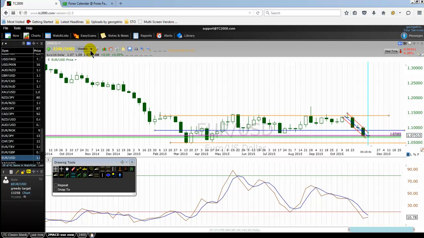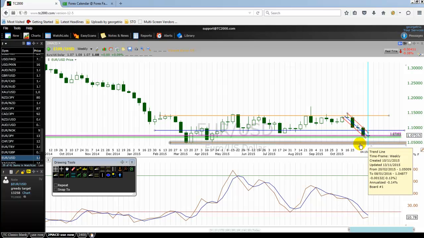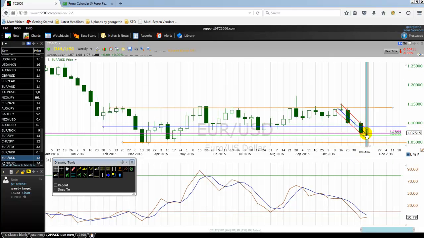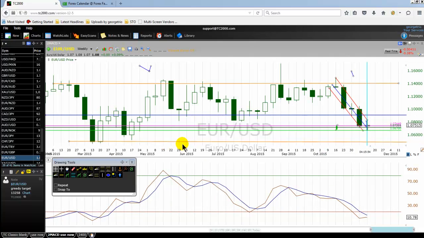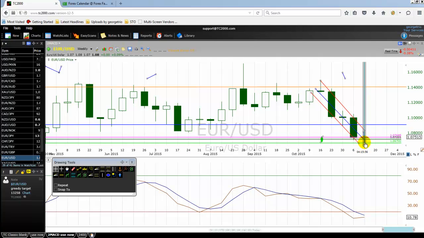Because we're on the weekly chart, we want to use a top-down trading method. If we reach the top, we use the top-down trading method to sell it down. If we reach a key support level, we want to buy again, as it is now at this level of 10670, that's the level we are watching. So priority to bullish signal above 10670 and priority to bearish signal below 10670.